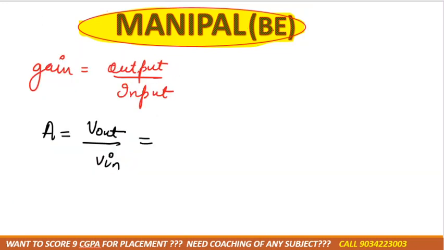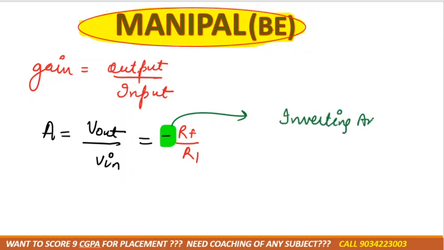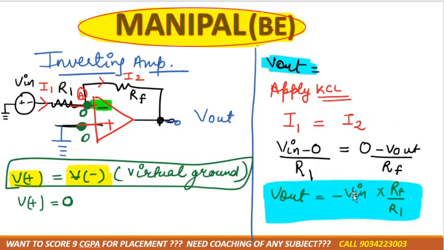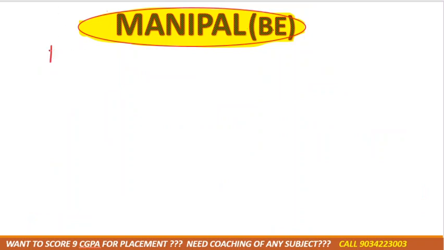Minus sign is also there. What does this minus sign indicate? That it's an inverting amplifier. Inverting amplifier means there is a change in phase. Correct? So that's why here we got negative V in into RF by R1, which shows there is a change in phase. Understood?